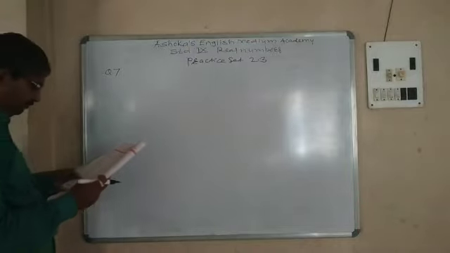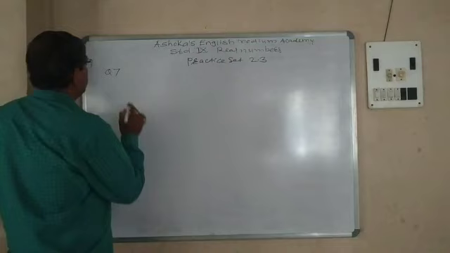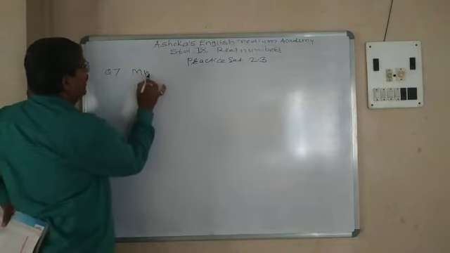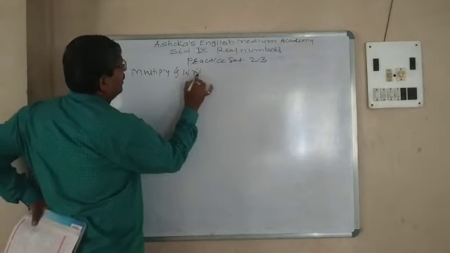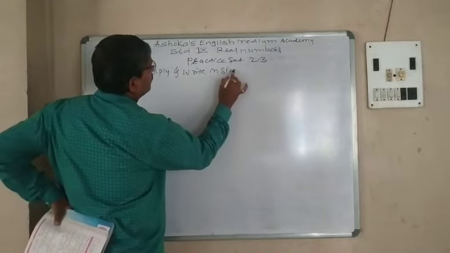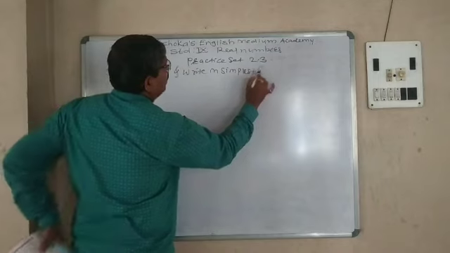Now we will enter question number 7: multiply and write the answers in simplest form.